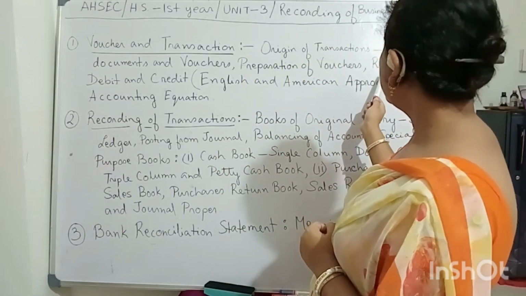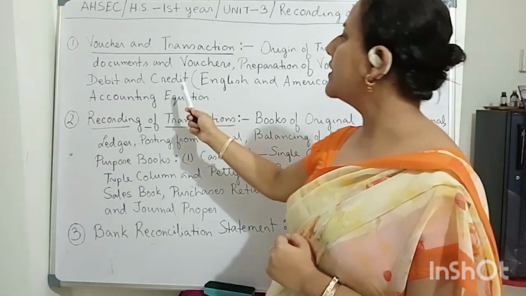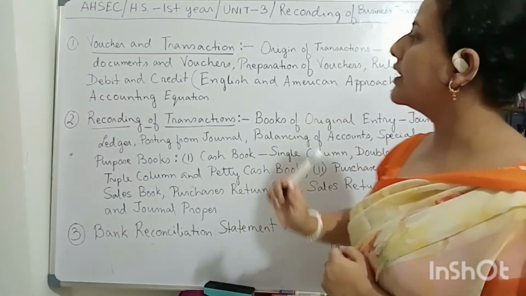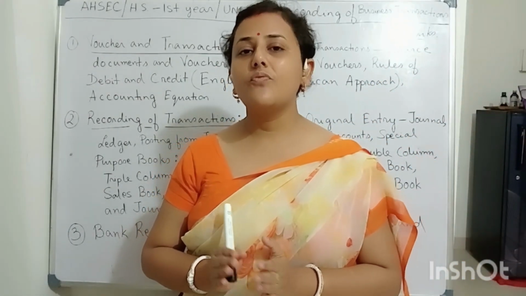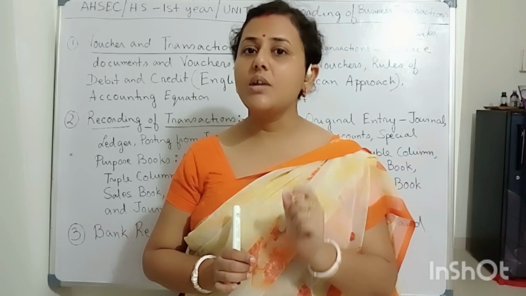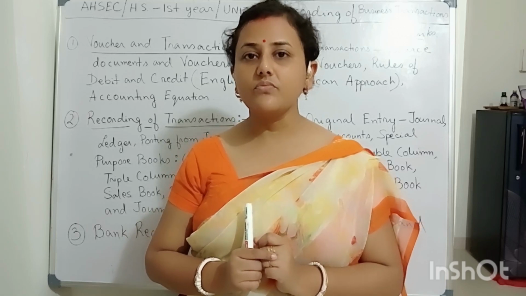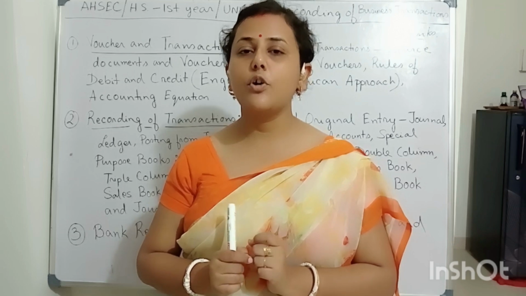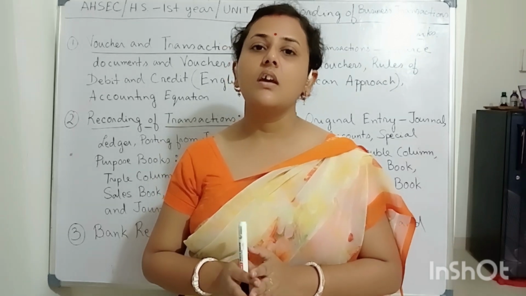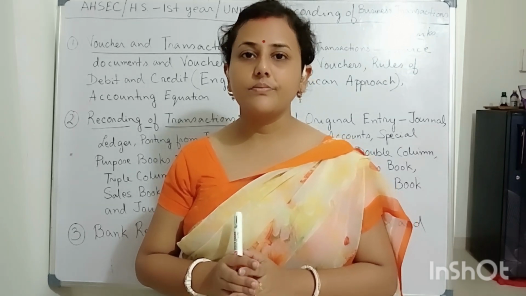Then what is the next point? Rules of debit and credit, English and American approach. You have to know the rules of debit and credit. This is a very important thing in accountancy. You have to know it from HS first year classes, those who have taken commerce.